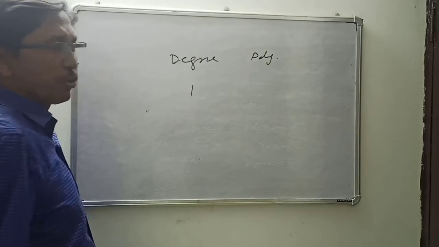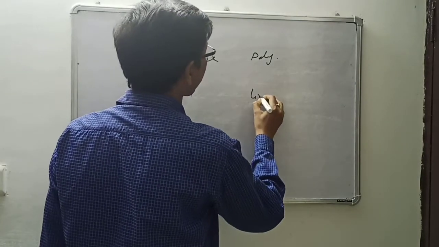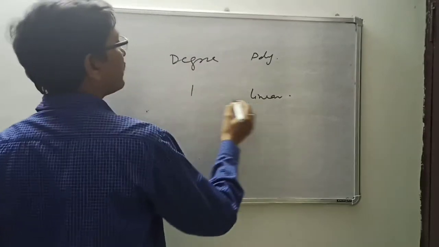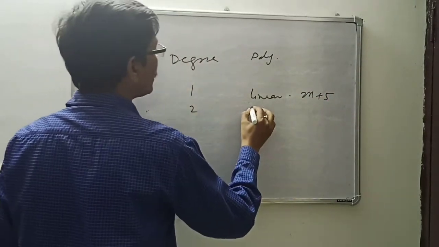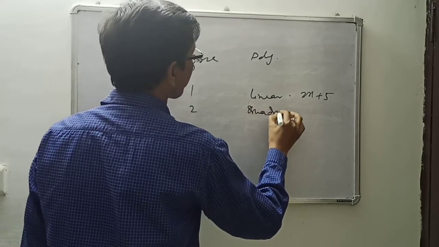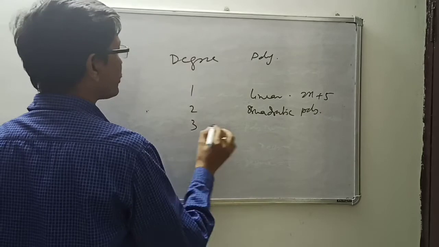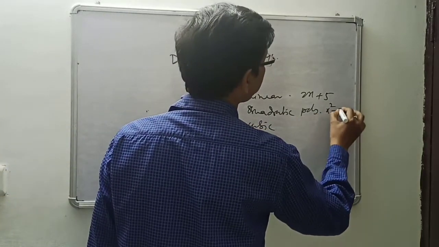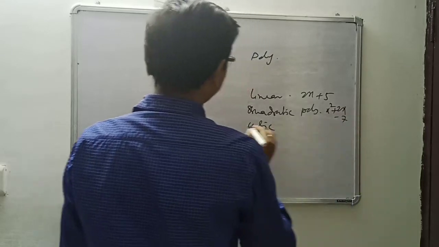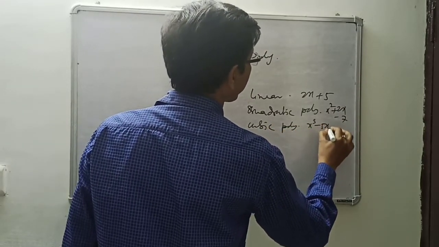If the degree is 1, it is called a linear polynomial, for example 2x plus 5. If the degree is 2, it is called a quadratic polynomial. Degree 3 is called a cubic polynomial, for example x cube minus 5x plus 7.